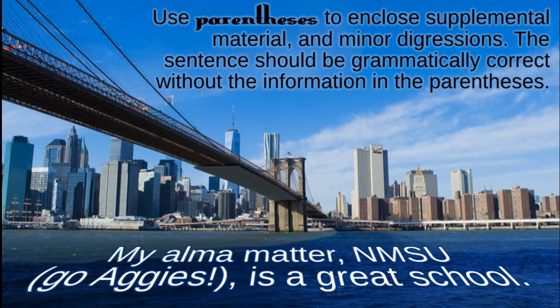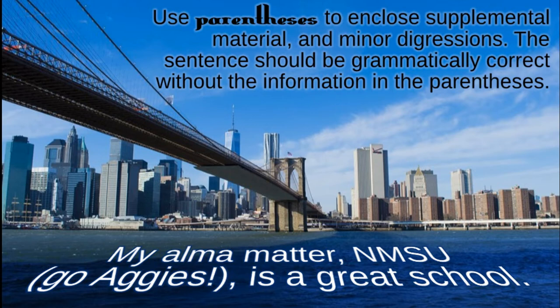So here's an example. My alma mater (school I graduated from), NMSU (go Aggies), is a great school. So there, this makes sense to use it because NMSU is extra information. And then I've got the Go Aggies, which is really just this little aside. It's about fun. It's about amusement, things like that. And that's really the degree to which that stuff you put in parentheses should be extra.